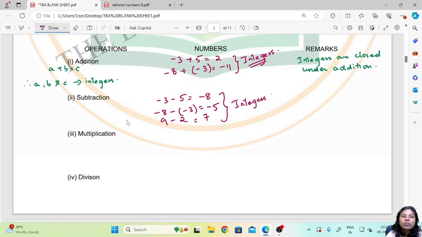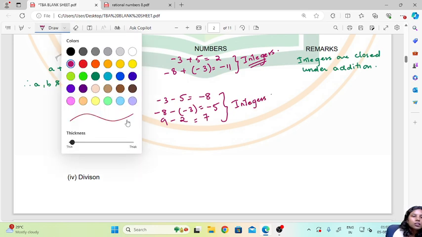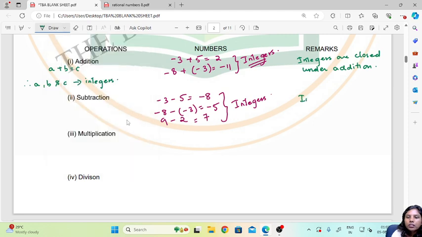Therefore integers are closed under subtraction as well. So here we can write a minus b equals c, where a, b and c are integers.